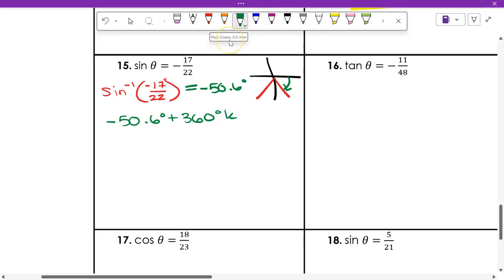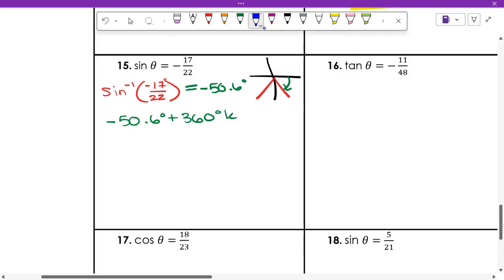Now we got to find the other one, and the other one seems to be a little bit more challenging for people if they don't really understand what a reference angle is. So again, let's reiterate. A reference angle is a positive acute angle that measures the distance from the x-axis to the terminal side of my angle.